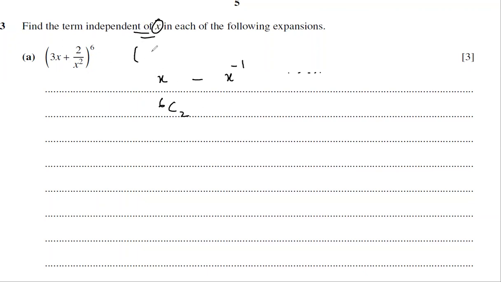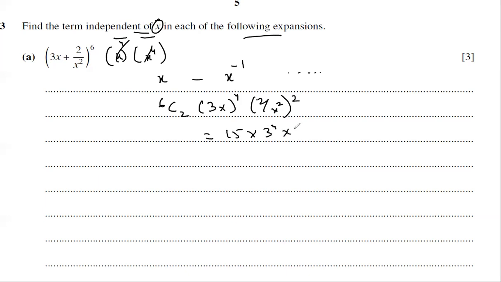Because if you see, this would become x power and the first one would become 4. So these powers would cancel out. So 6c2 into 4, 2 upon x square. So we are simply getting what we have to find, the independent term, right? So this is the term we are getting, 6c2, 3 power 4 into 2 square. So we are getting a final value of 486.